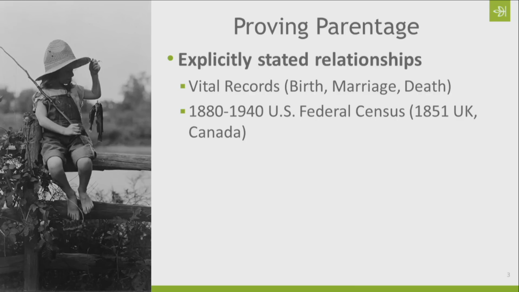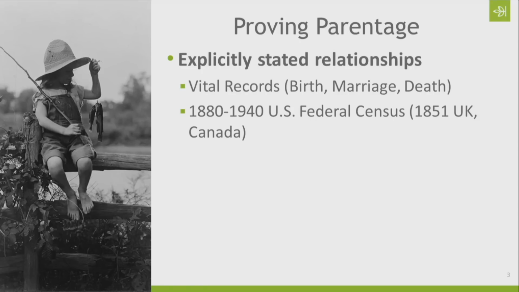Another type of record where the relationship is explicitly stated is the census records. In the U.S., those are the 1880 through 1940 census. Now keep in mind, this only lists the relationship of the individuals in the household to the head of household, okay?